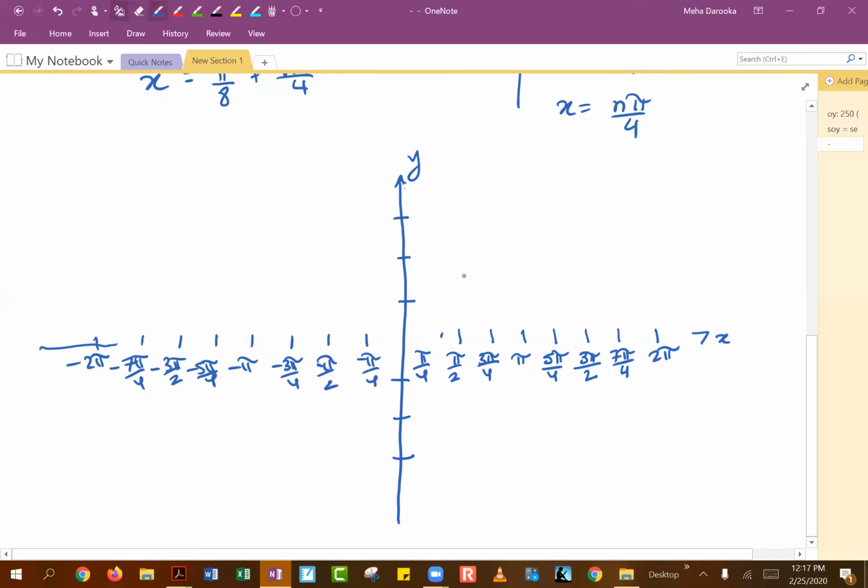Let me see if I can get it. Okay, so if you're doing (1, 1), that's going to be about somewhere in there. Negative 1 would be again halfway between negative pi fourths and negative pi halves. So your (-1, 1) would be somewhere over there. So the idea is, where would 2 fall?